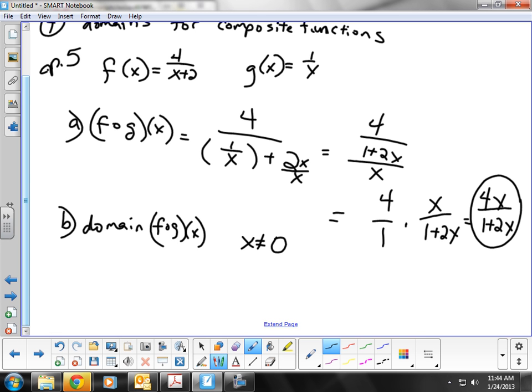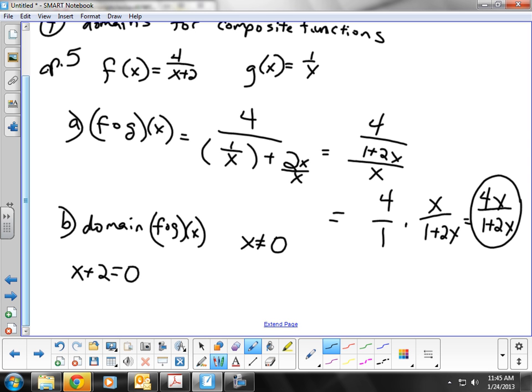Now, I also need to know when g of x is going to be the number that gives me a 0 in the denominator of f of x. Everybody hear what I just said? So x plus 2 can't be 0, right? I just took the other denominator.